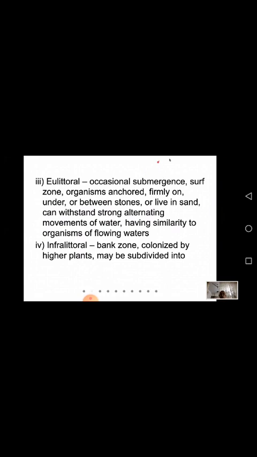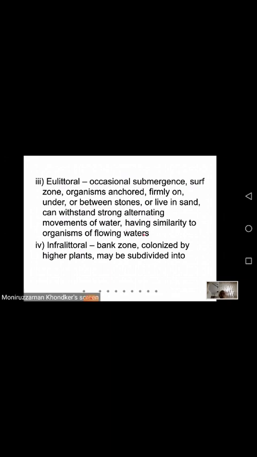occasional waves. We have seen many waves come and break and then the water comes. Here, since there is high force, most of the body area, and they can also sometimes hide inside the stones or needles and catch from alternating movements of water.